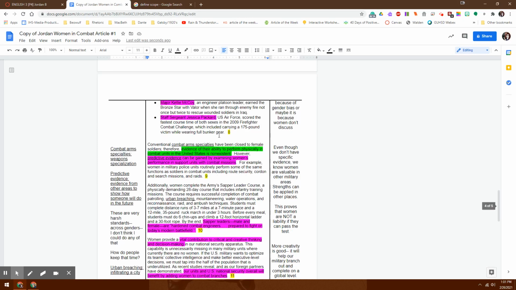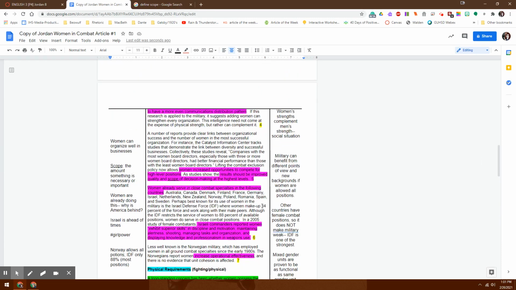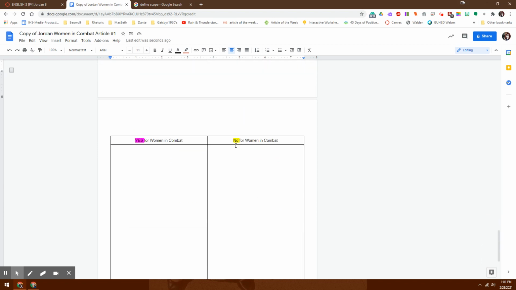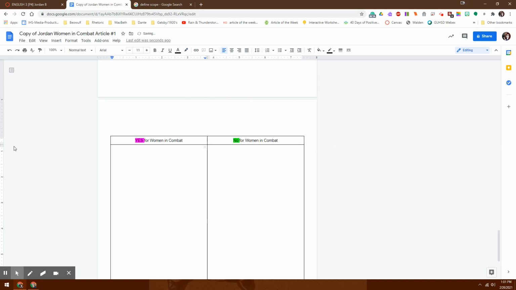So our next step, after we do the annotations, you'll see right here, it says continue to the next page for the T-chart. What we're going to do is look at our pros and our cons, which should be fairly easy because we've color-coded them. And this is why I got confused, because half of my article is in the wrong color. There we go, fix that. So what we're going to do here is create a T-chart, yes on one side for our purple and no on the other side with our green.